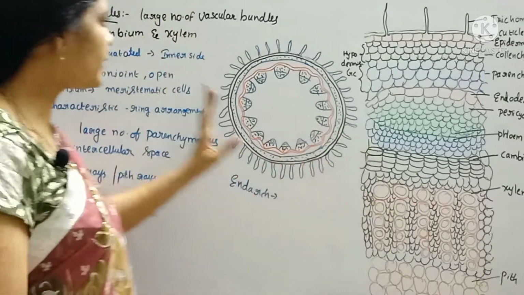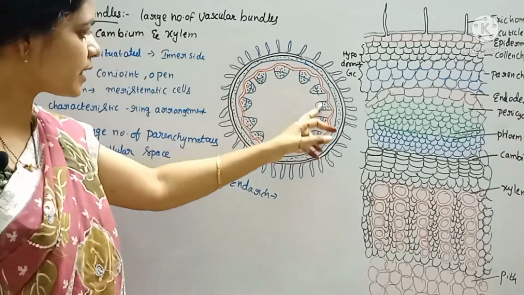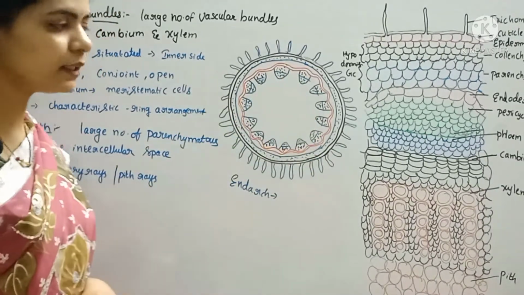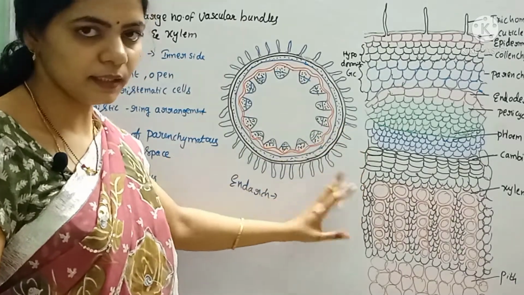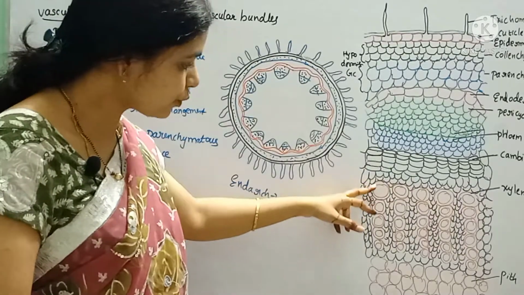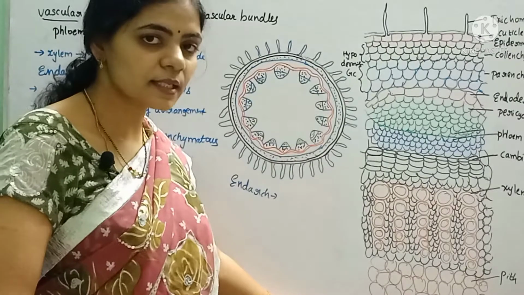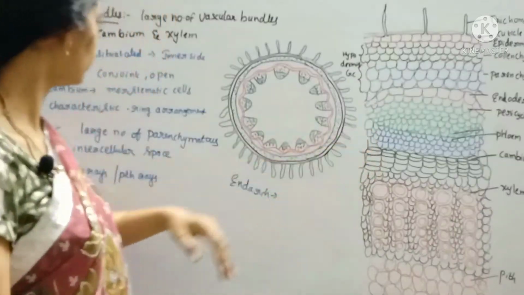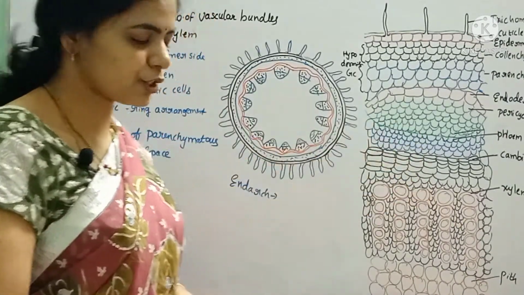We see this in dicot stems. A very large number of vascular bundles are present, which contain phloem, cambium and xylem. If we see, the xylem is situated on the inner side of the stem, that is towards the pith, whereas the phloem is present at the periphery region.